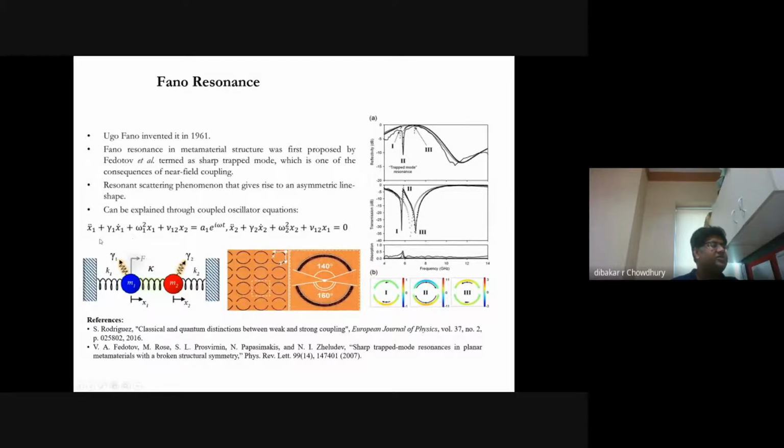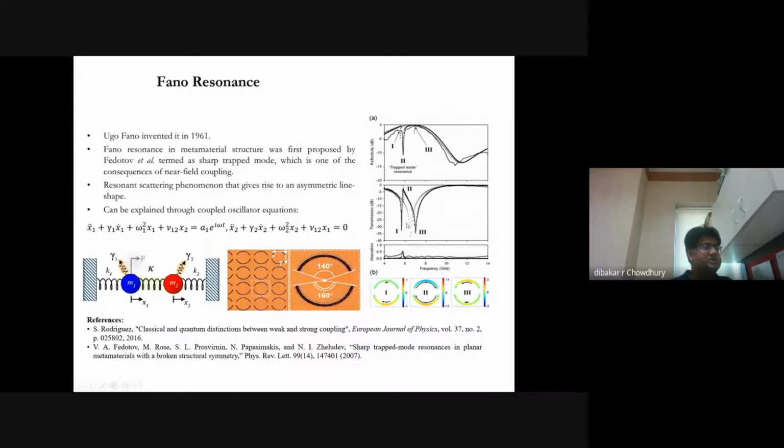For example, if you have the equation for one oscillator like this, which is driven by an external force, and the other one does not have that external driving, and if they are coupled, then that system gives rise to coupled resonance modes where one resonance is asymmetric, high Q, and another is broad. So this is what is happening here. You see that this is a narrow band high Q factor resonance and this is a broad resonance.